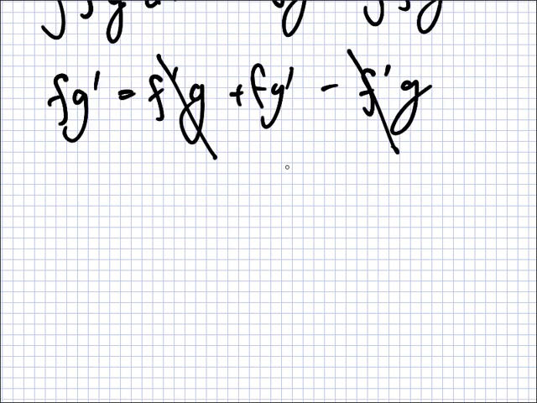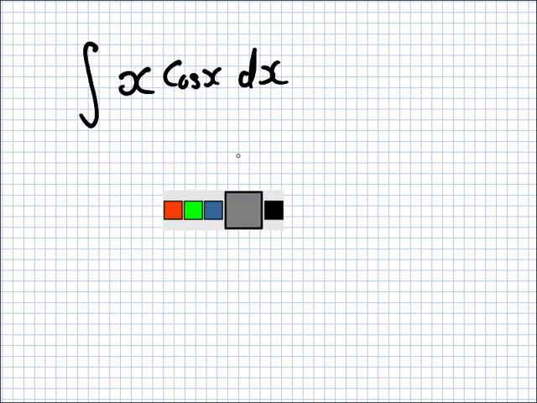Okay. So the key idea behind this technique, let's take an example. We'll say x cos x dx. The way this formula works is it tries to simplify what you need to integrate.